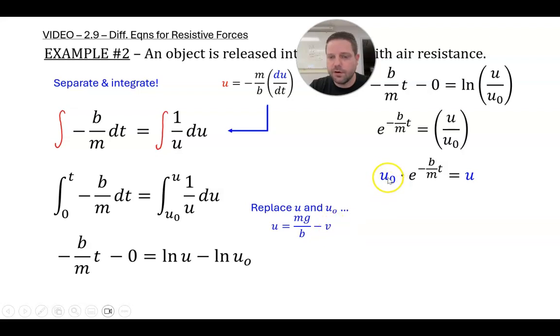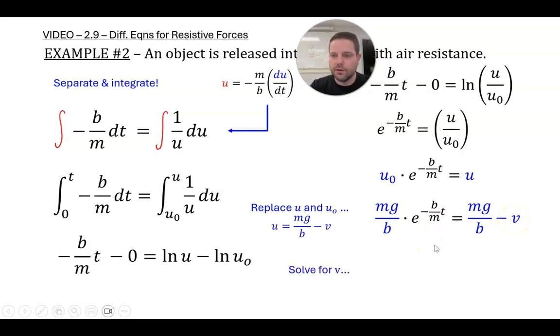When time is 0, v is 0, so u naught is just mg over b. U at some later time is going to have a velocity, so it would be this entire thing that we see here. So u naught is simply mg over b because v is 0, and I substituted in the whole thing with v because at some later time there would be a velocity.